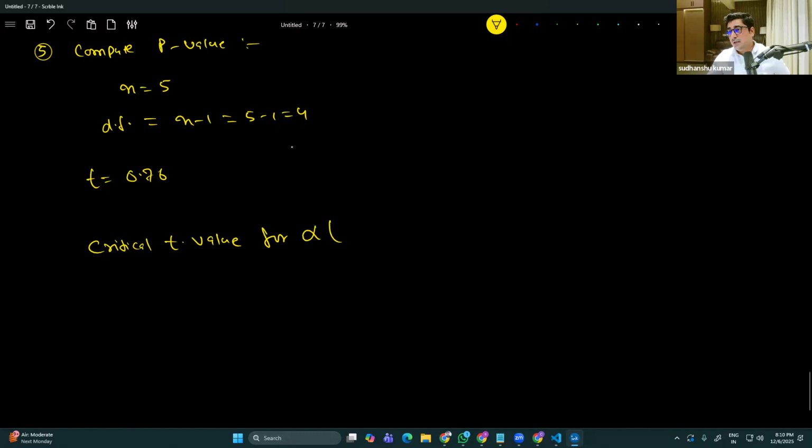So for alpha 0.05. If we change our risk level, obviously my values are going to change. And I have done that for two tail. Two tail means lesser than or equal to, but in case of one tail, the situation is going to change, the numbers are going to change. It is two tail because of my problem statement. It was not equal to 70, which means it can be lesser than, it can be greater than.